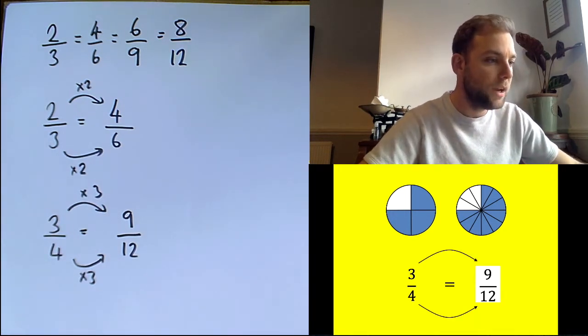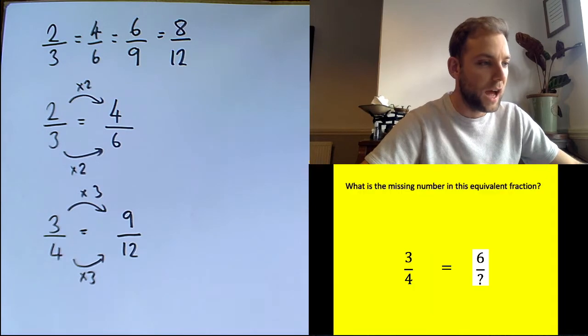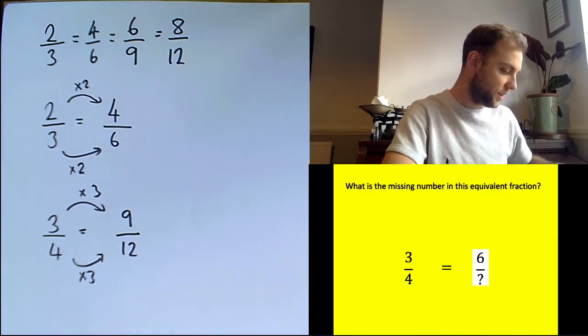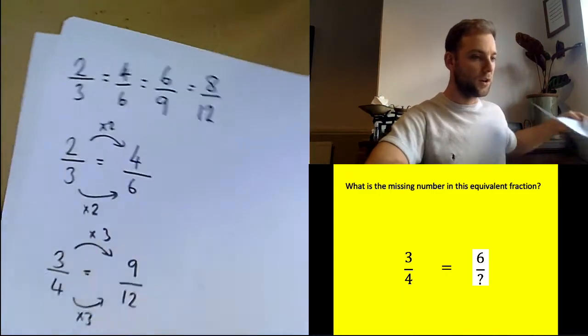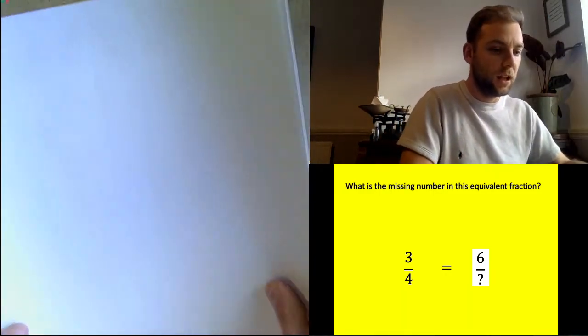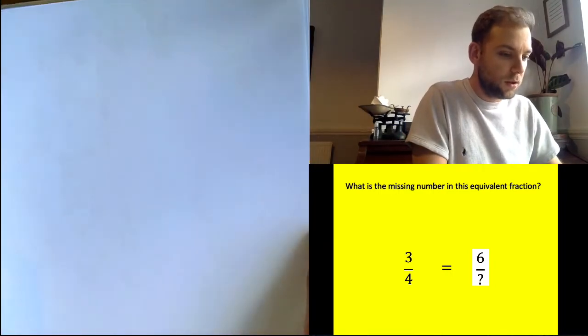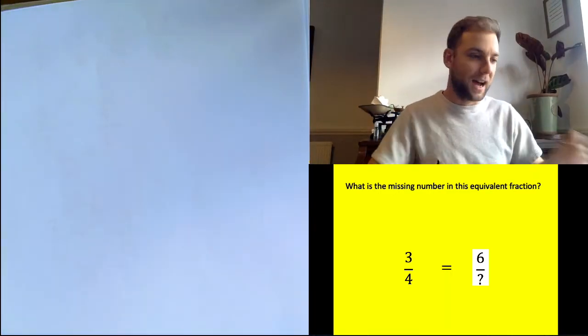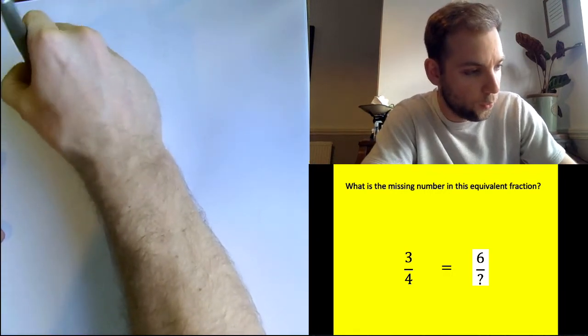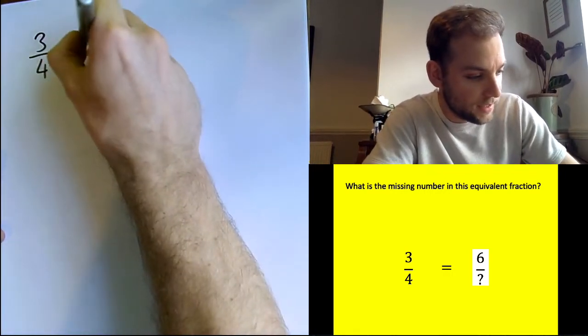So can we now do this without having to draw a picture? Well, I think we probably can. I don't think it's too tricky. So here we've got 3/4. Can I write 3/4 with a numerator of 6? My numerator on this is equal to 6.